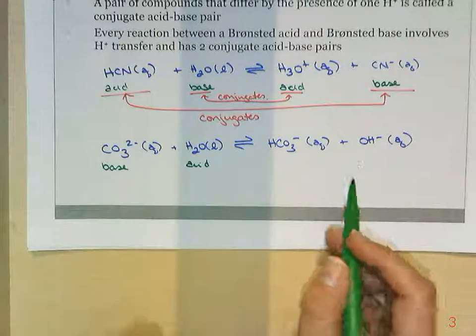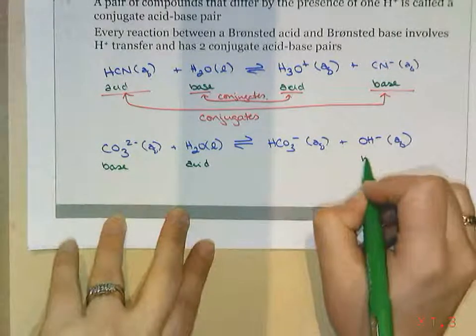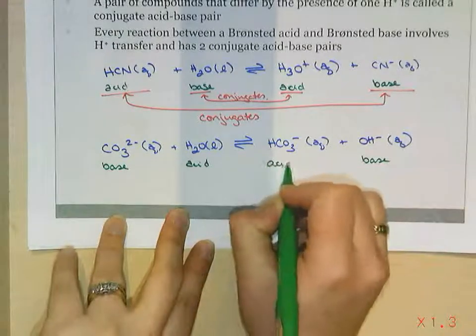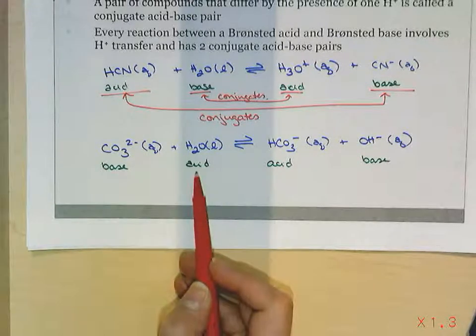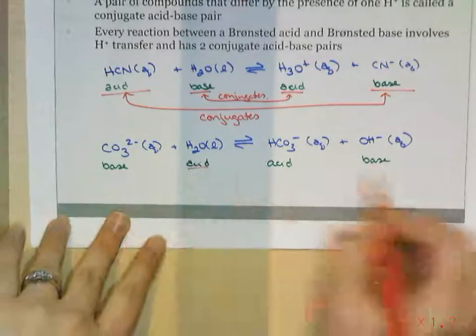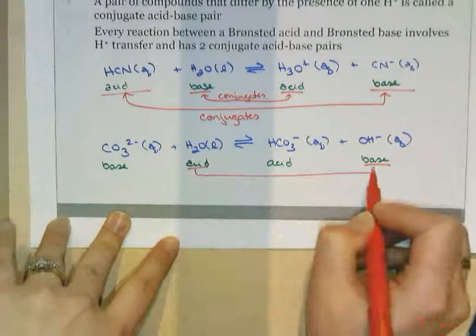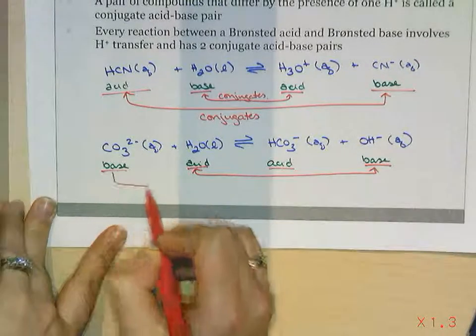Okay, so if that is going to gain one, then it must be the base, and this must be the acid. All right, so let's pick our conjugates. Who is the conjugate of water? Right, this guy. So then, by default, these two must be conjugates.